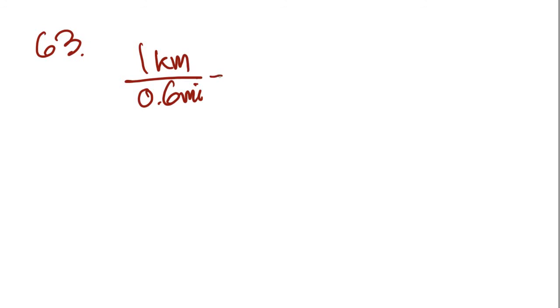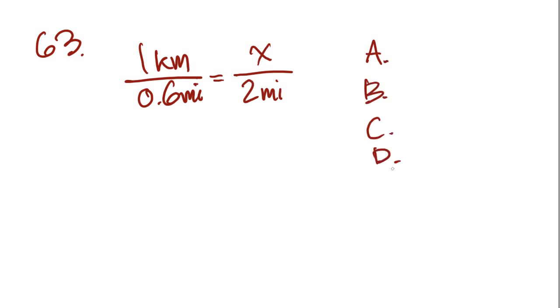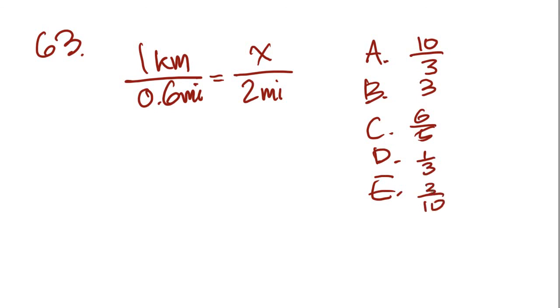So they're asking how many kilometers are in 2 miles. They give us 5 answer choices. They are 10 over 3, 3, 6 over 5, 1 over 3, and 3 over 10. Well, right away, what's interesting here is that they give you fractions instead of decimals. So you know that you're probably not going to do a lot of division.